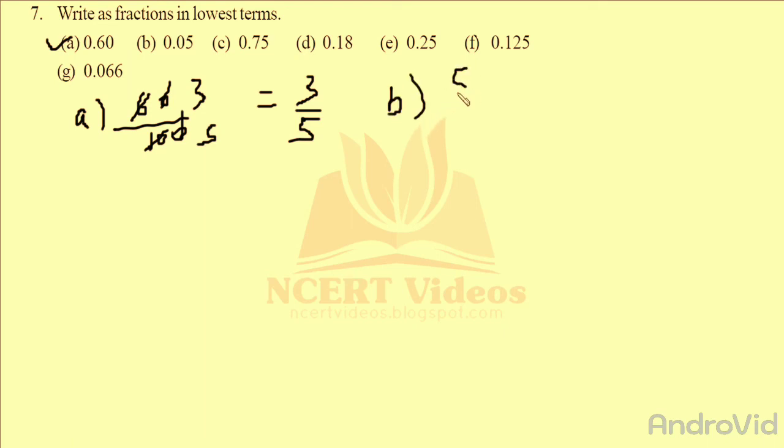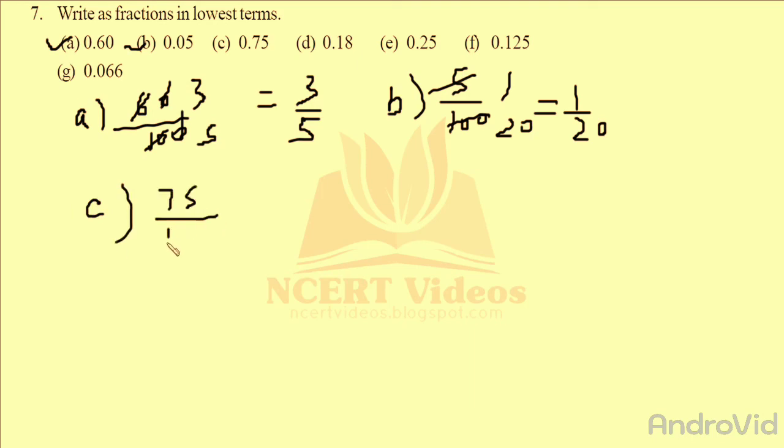B part 5 over 100, representing in terms of fractions. 1 5s are 5, 2 5s are 10, 20 5s are 100. C part 75 over 100. Go with 5, 5 ones are 5, 5 2s are 10, 5 3s are 15, 5 4s are 20. So it gives you 3 over 4.